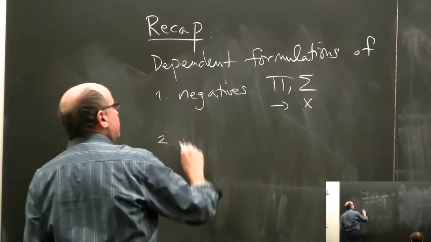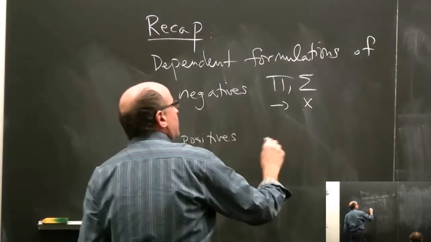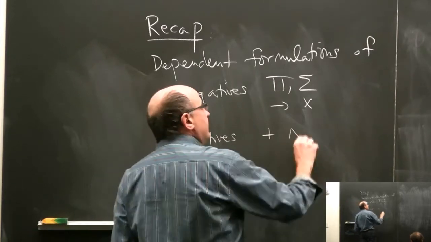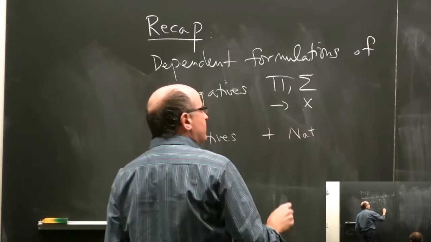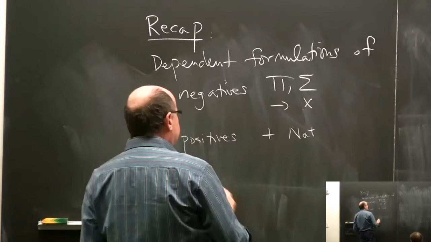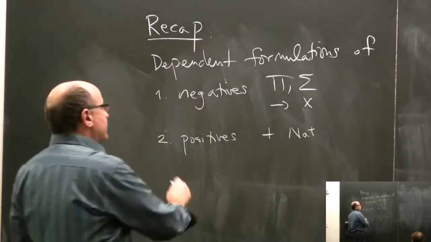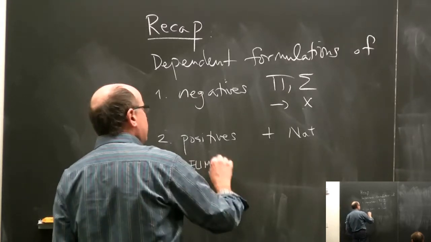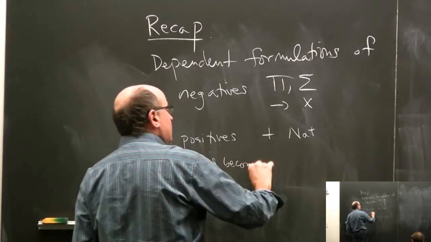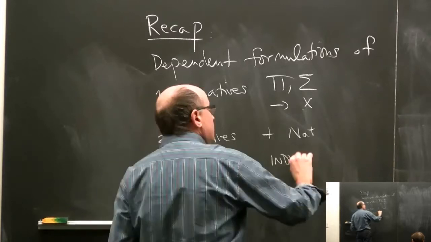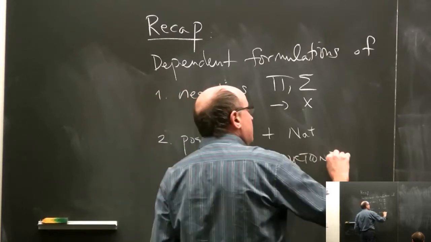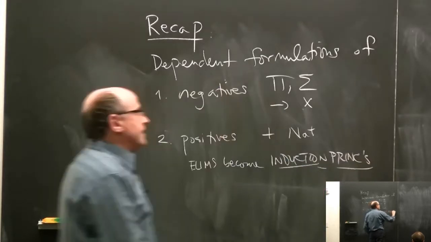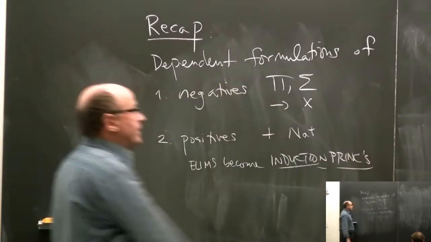And then we looked at the formulation of the positives, where the type itself doesn't change, like plus or nat doesn't change in terms of its introductory forms, but the elimination forms have to be generalized to induction principles. So the idea is that elims become induction principles. And we spent a fair bit of time talking about that.